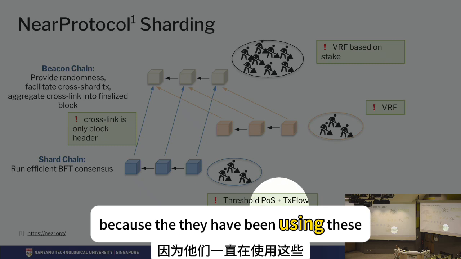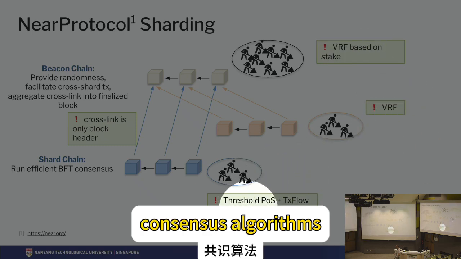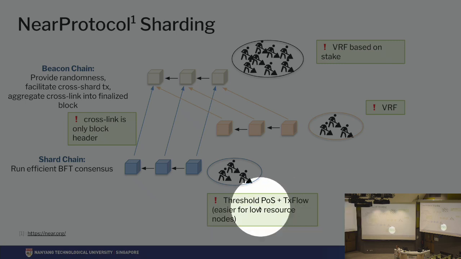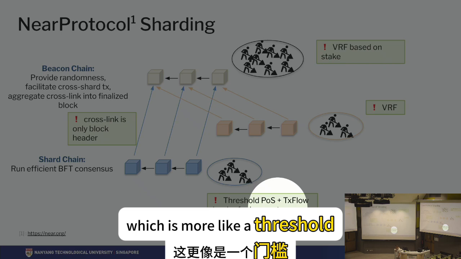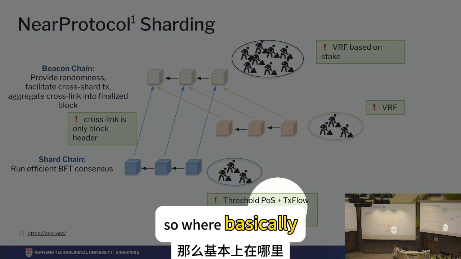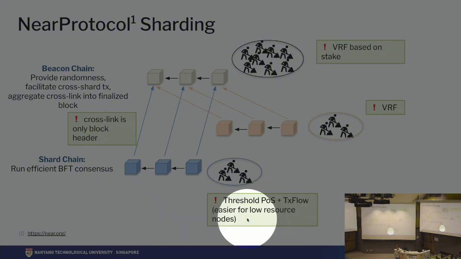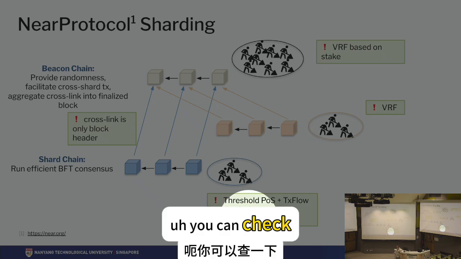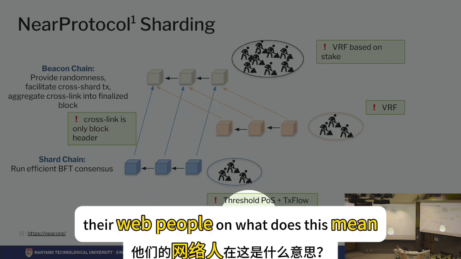Because they have been using these consensus algorithms, they also have parameters here, which are more like a threshold from the POS and transaction flow perspective.